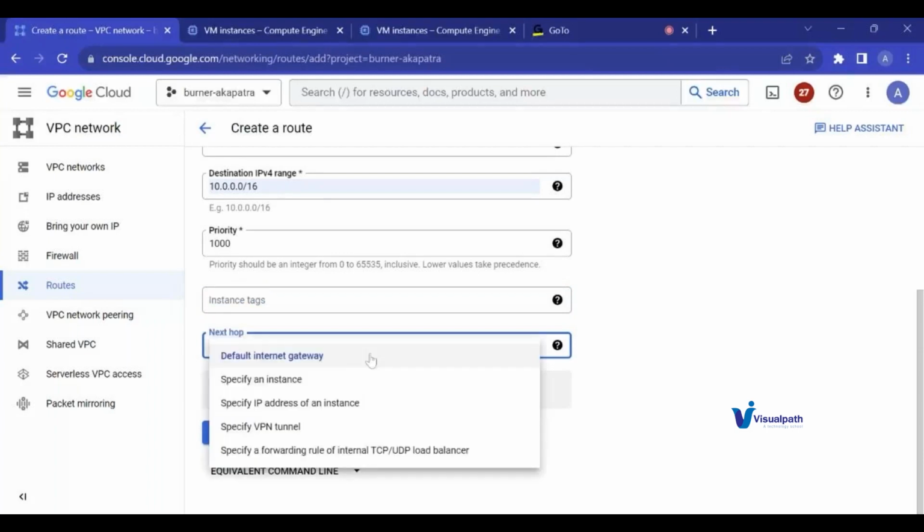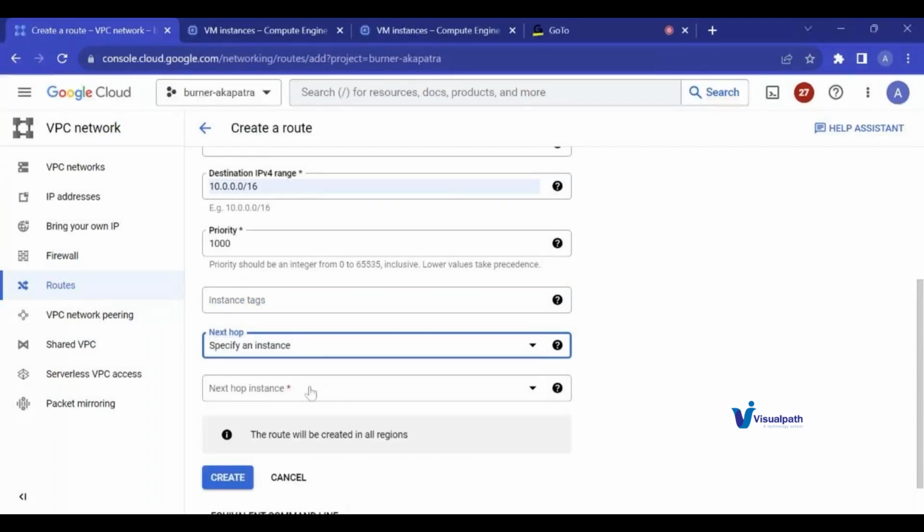Do you want to take it to the internet gateway? Do you want to take it to an instance? If you want to take it to an instance, take an example where I do not want to take my routes directly to the internet. So I might keep a private VM and then a public VM, right?